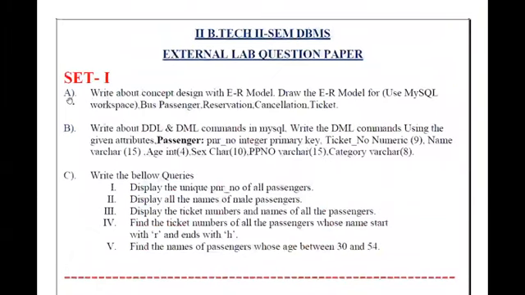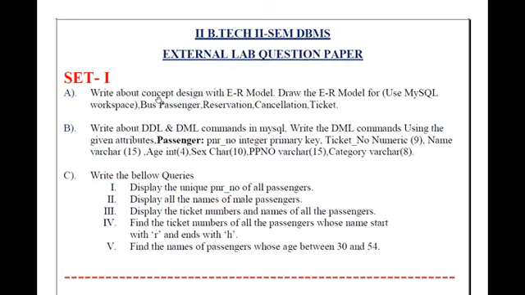Set 1: question number A and question number B are common to all sets. These 2 questions are common to all the students, because without these questions there is no third question. If you want to write the third question, it must depend on these 2 questions.